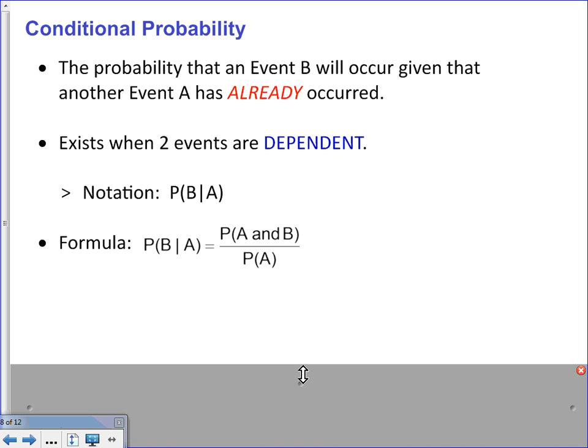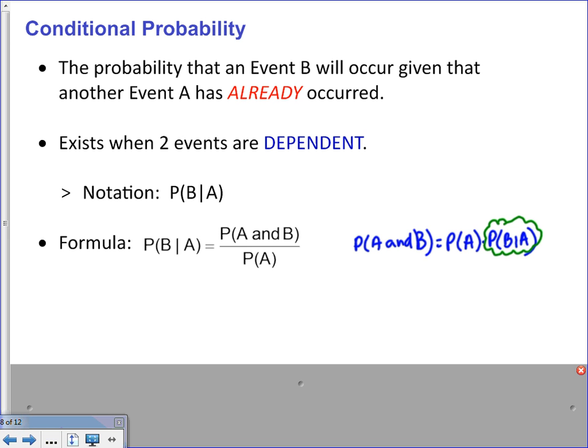Now, the formula that you're writing down is the same formula that you saw on the front side of your notes, for dependent events. But what we did was we said, how can you find the conditional probability of B given A?